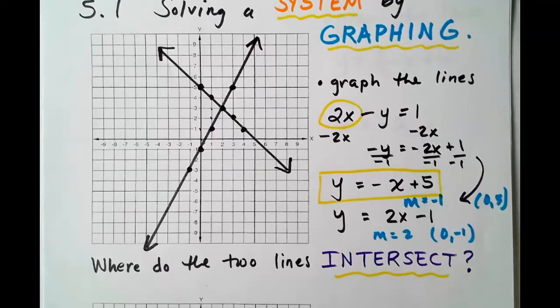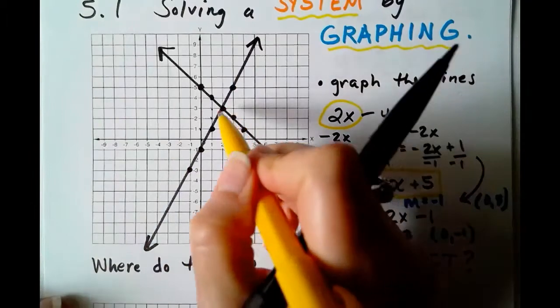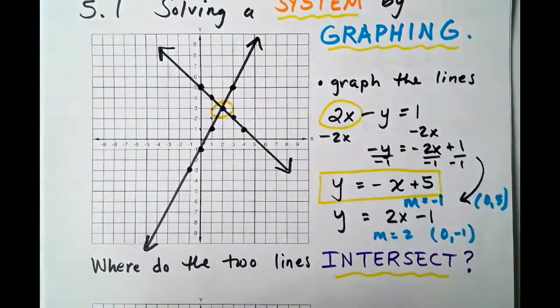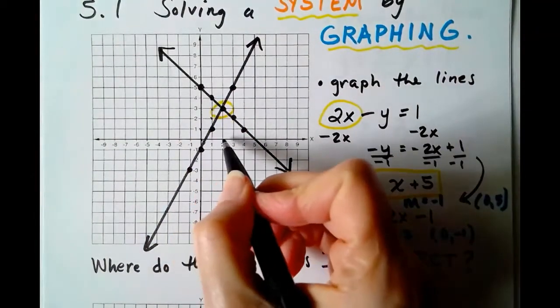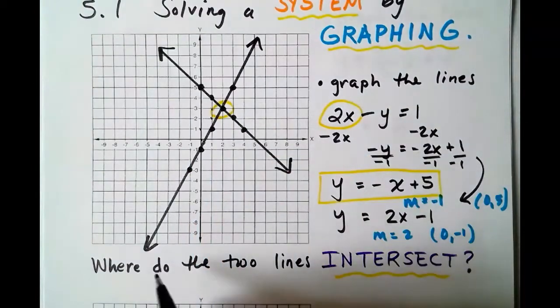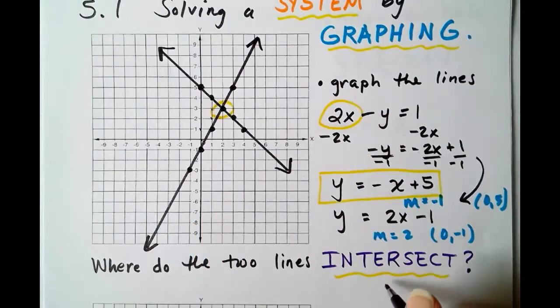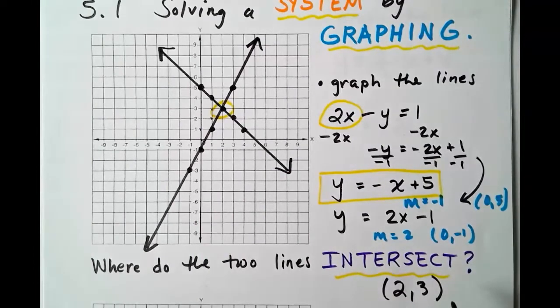It makes them both true at the same time. So that point of intersection, which is right there, is over 2, up 3. So where did the two lines intersect? They intersect at 2, 3. Therefore, we can say that 2, 3 is the solution to the system.